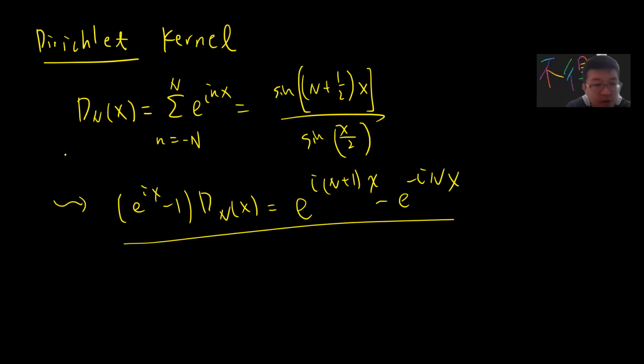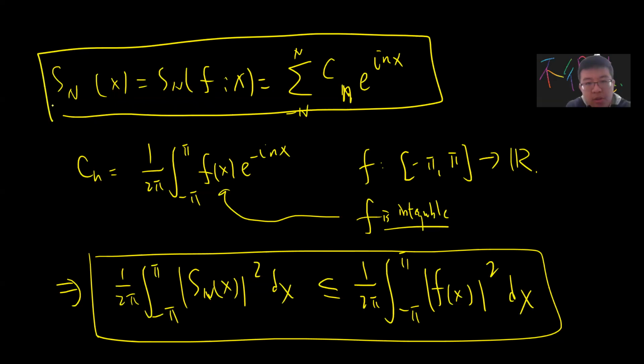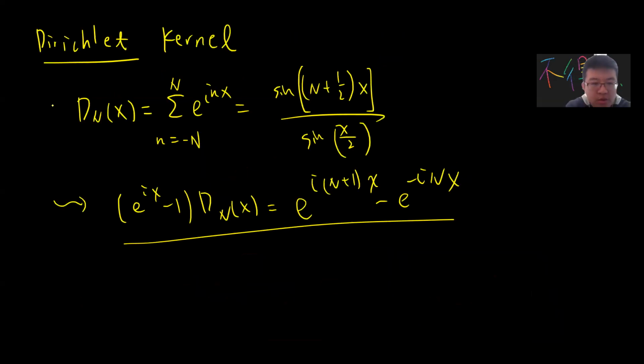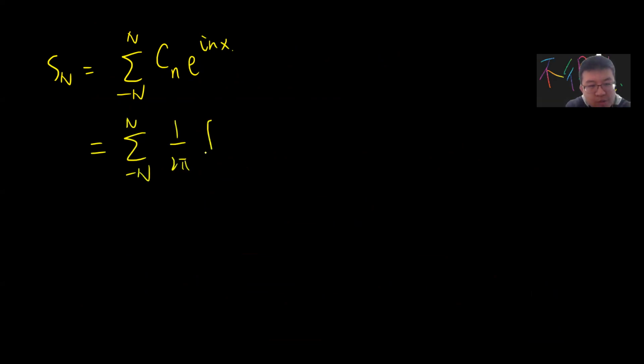Now let's rewrite this partial sum S_n in terms of the Dirichlet kernel. S_n is the summation from minus n to n of c_n e^{inx}, which can be written with the coefficient put in.